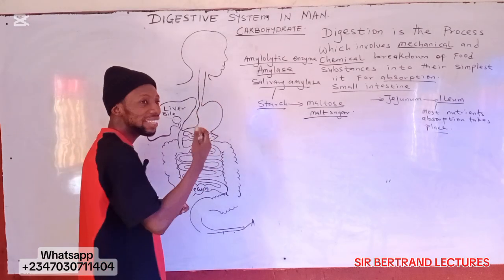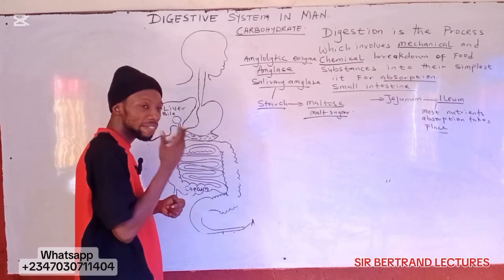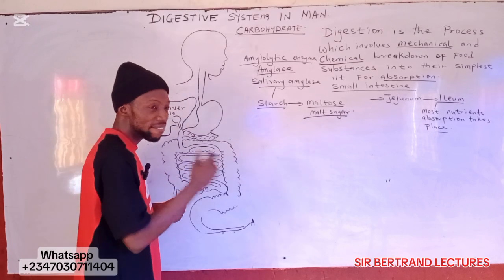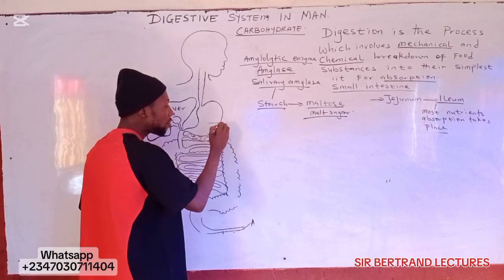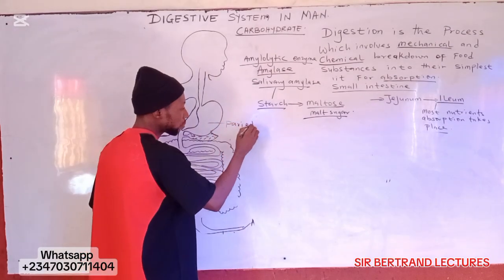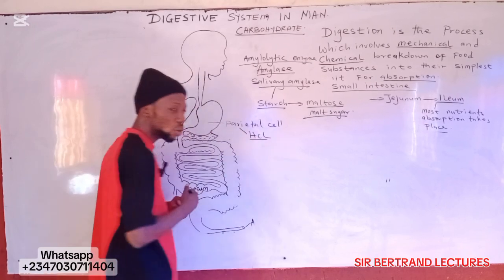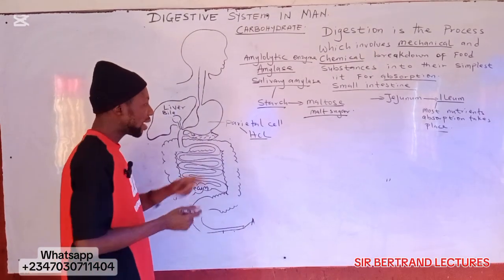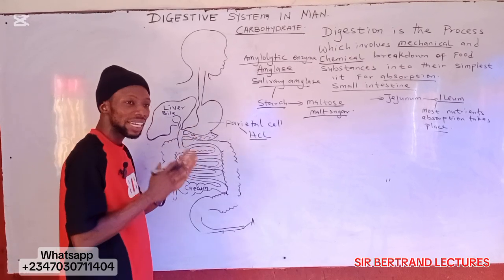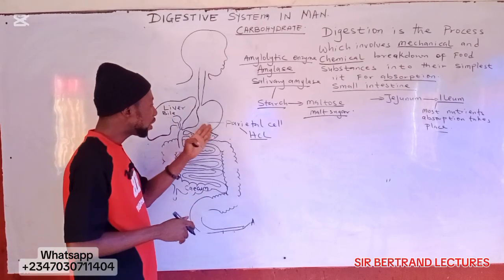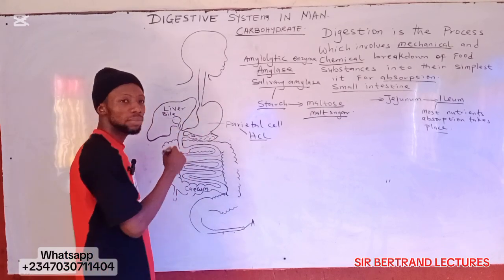Take note. Saliva is highly alkaline, and carbohydrate digestion is not effective in an acidic environment. So here in the stomach we have parietal cells that produce hydrochloric acid. It means that the stomach is highly acidic, and digestion of carbohydrate is not effective in an acidic environment.